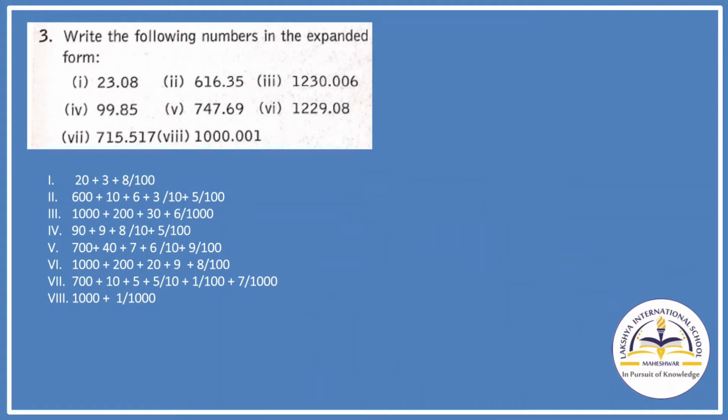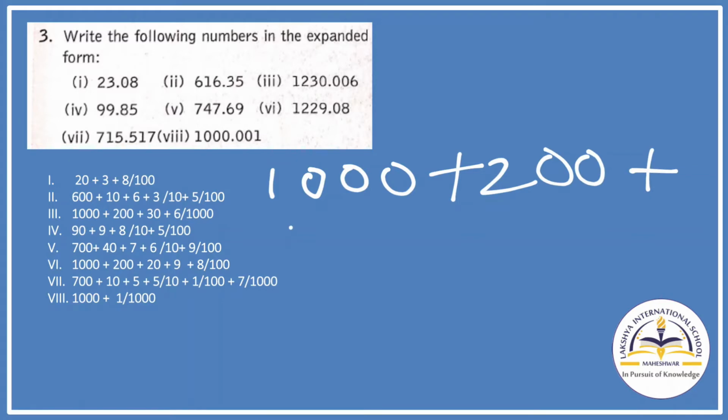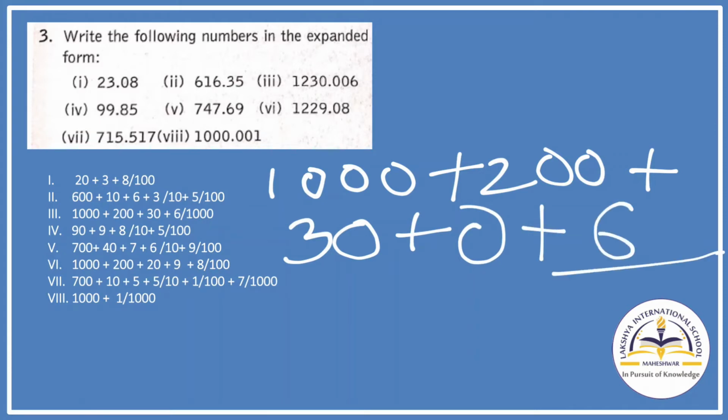Now for question number 3, 1230 decimal 006. That means 1000 plus 200 plus 30 plus 0. Now plus 6 by 1000 you can write directly.